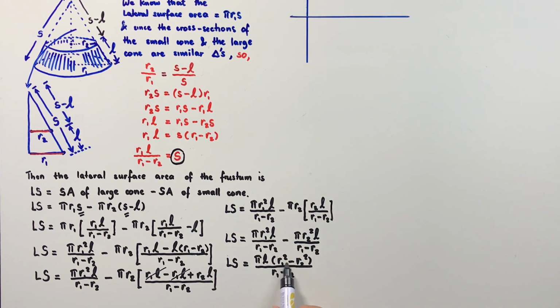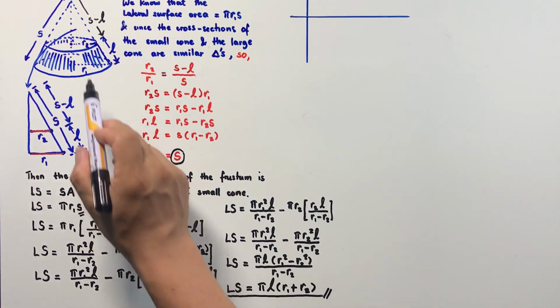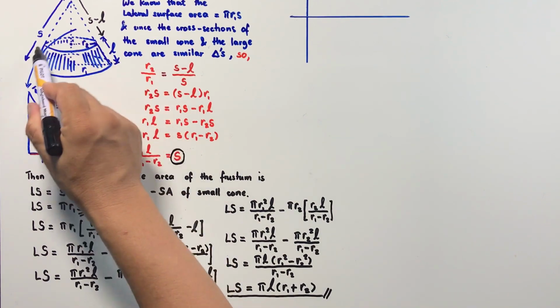And since this is a difference of two squares, we can factor it as r sub 1 minus r sub 2 times the quantity r sub 1 plus r sub 2. So that factor of r sub 1 minus r sub 2 can be cancelled with the denominator. So what remains is that the lateral surface area of the frustum is pi L times r sub 1 plus r sub 2. So this is now our formula in finding the surface area of this frustum here.